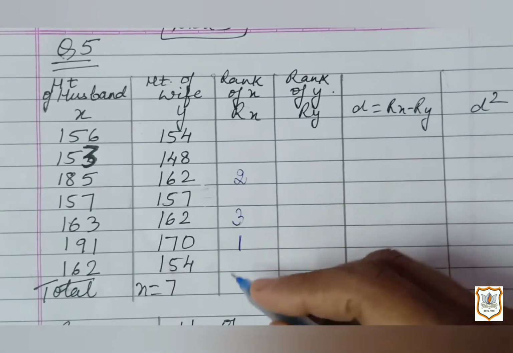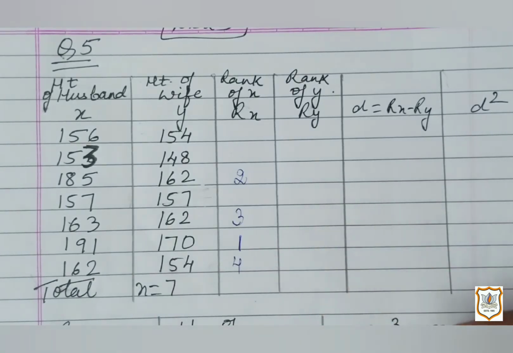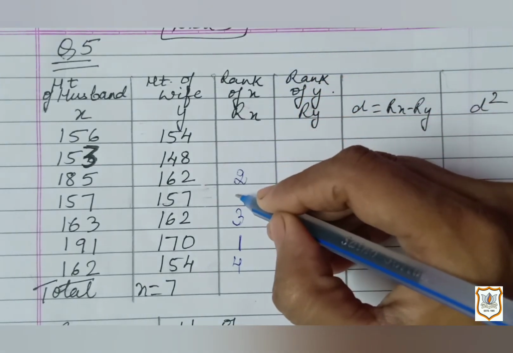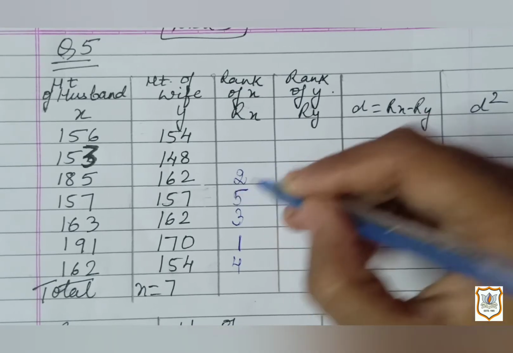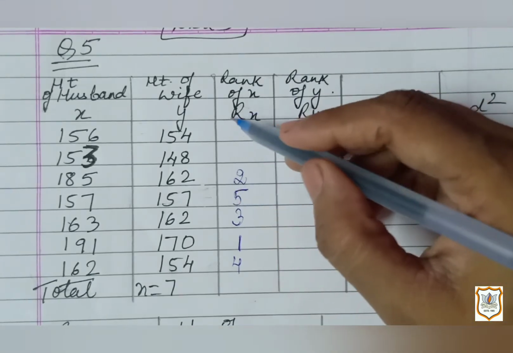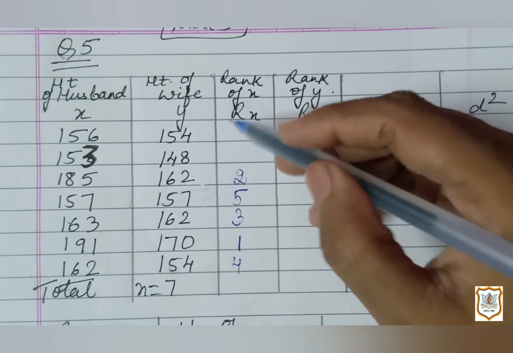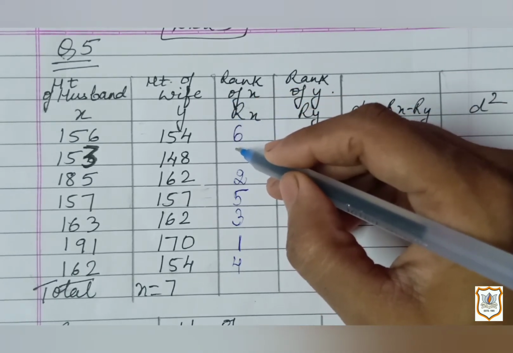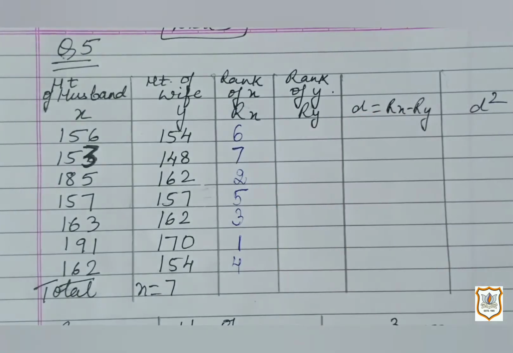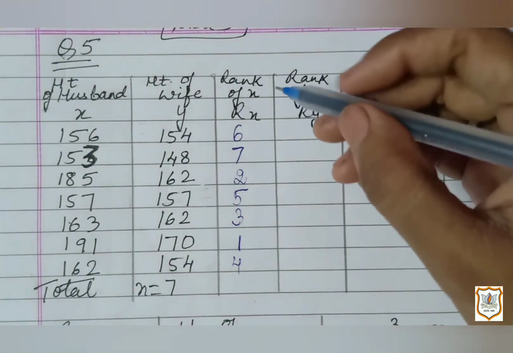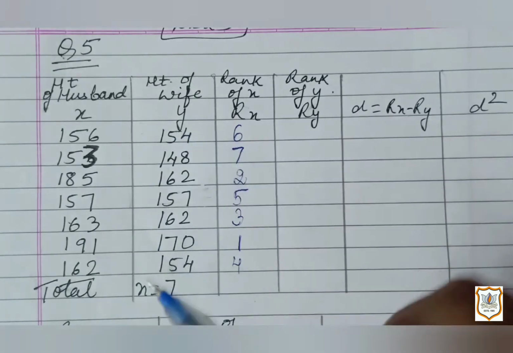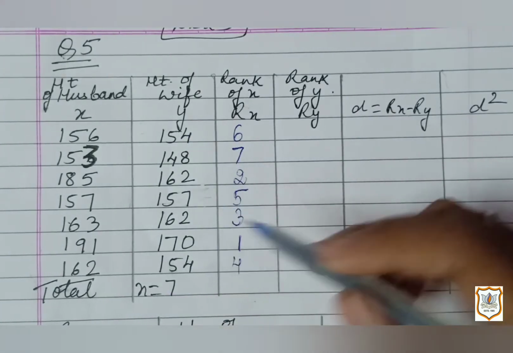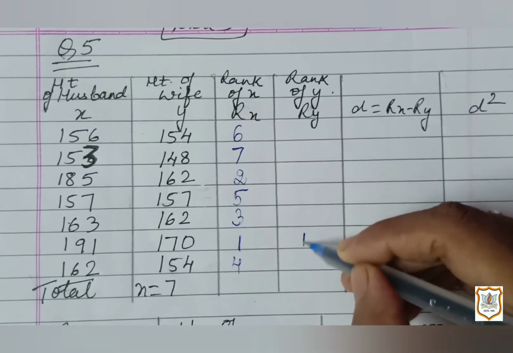Then 162, so that will be given the fourth rank. Then we have 157, so this will be given the fifth rank. Then 156 will be given the sixth rank, and the last value is 153, so that will be given the seventh rank. Now let us give the ranks to the values of Y. Here if you see, the highest value is 170, so this is the first rank.